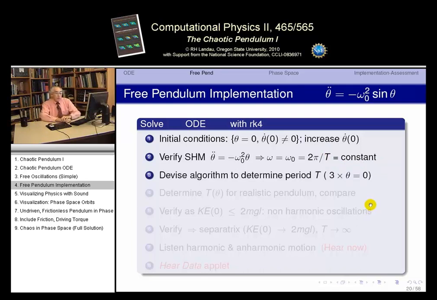Then we want you to devise an algorithm to compute the period. That's interesting. In other words, what we're saying is take your output from your program and deduce what the period is, not just by looking at it with your eyes, because they may not be that good, and we want some precision here. So how do you do that? Well, if you think about the general case, we may have a very nonlinear system.